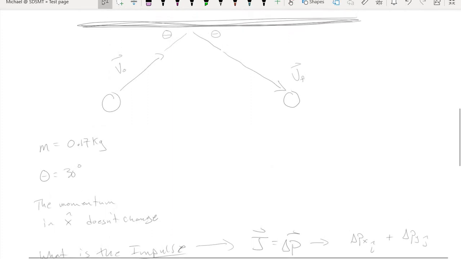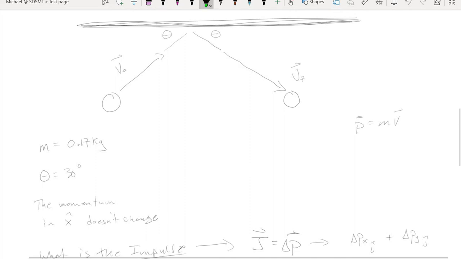We know the mass of the ball, we know the angle, and we're told that the momentum in the x direction does not change. Momentum is directly related to the velocity of the object. Let's focus on these velocity vectors.